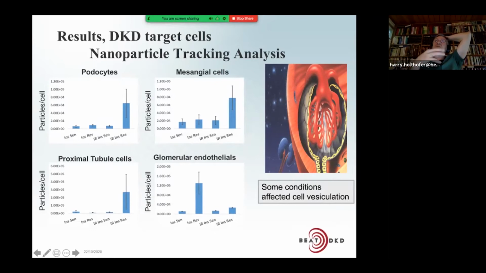So this already shows us that, yes, there are differences in the cell types in how they are affected by diabetes, as the readout is the vesicles, and this turns out to be very practical information to go further.